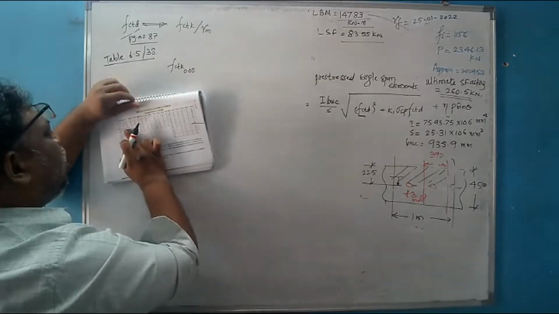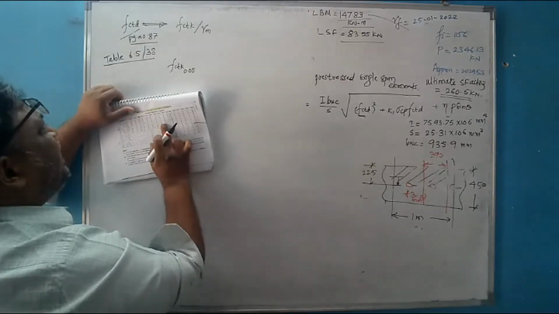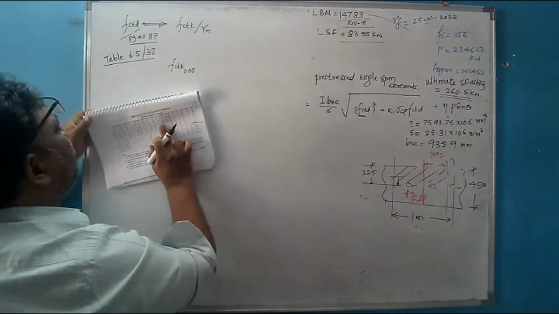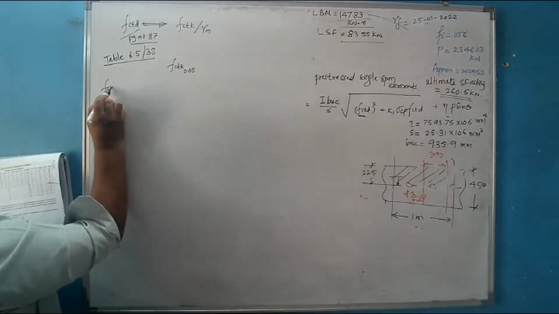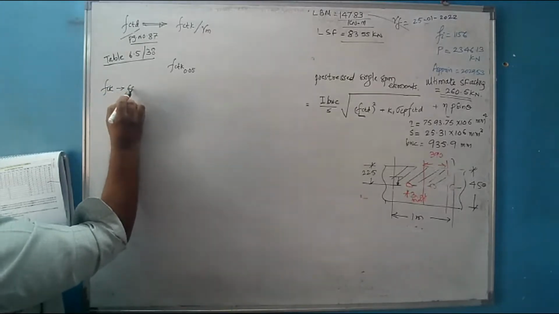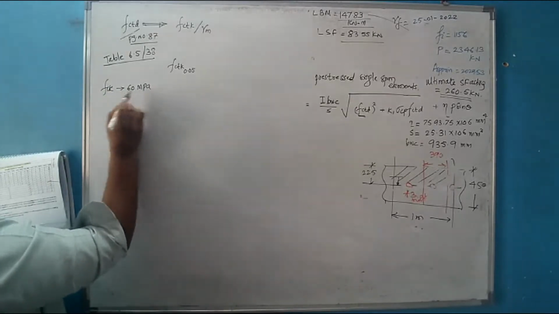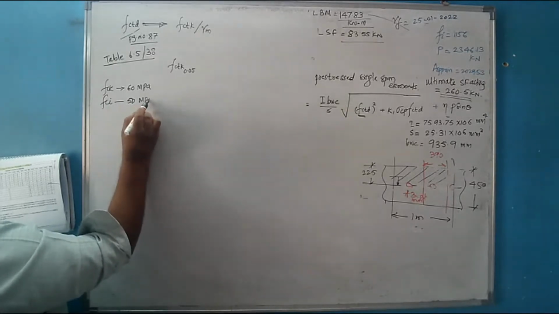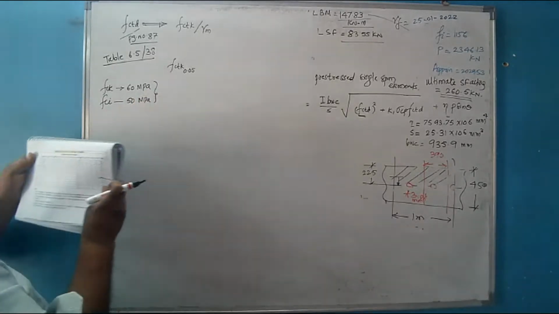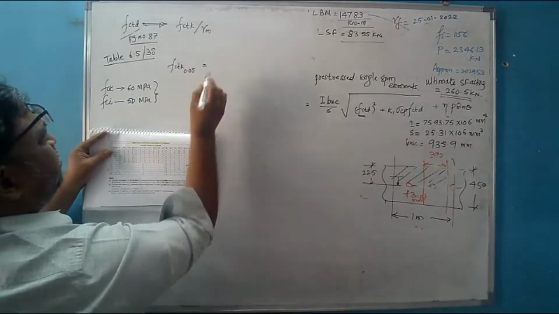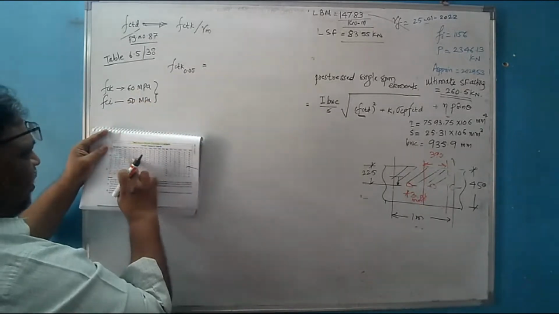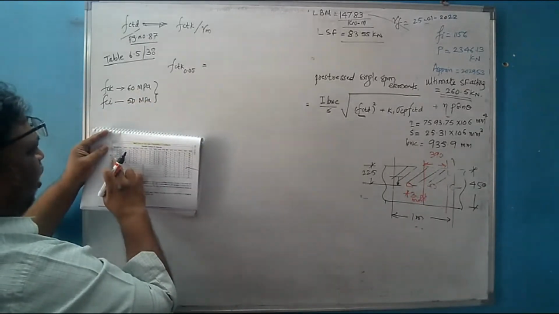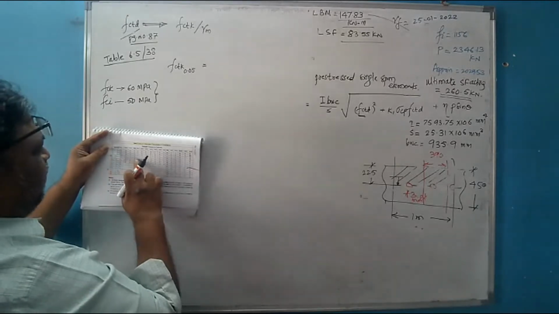Corresponding to what grade of concrete had we used? What was the grade of concrete? What was our fck? 60 MPa. fci was 50 MPa. So now, corresponding to this M60 grade of concrete, what is the value of fctk 0.05 in MPa?